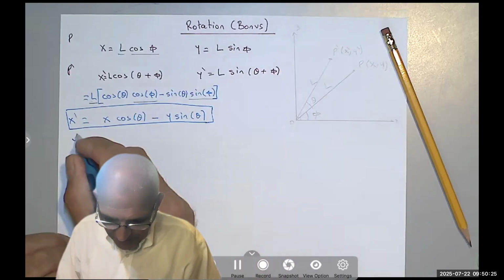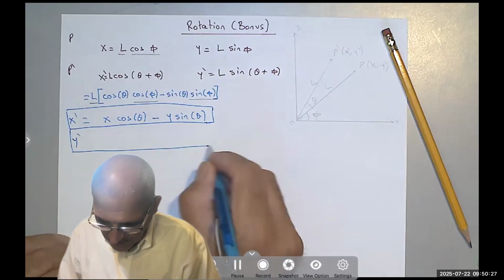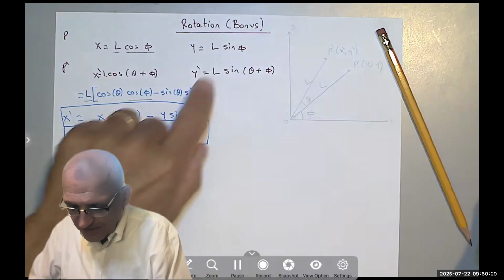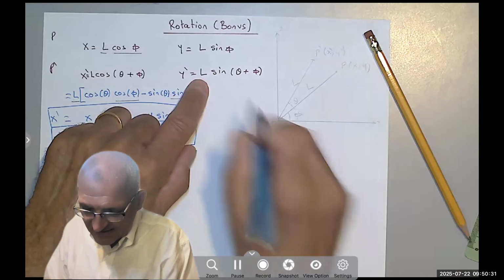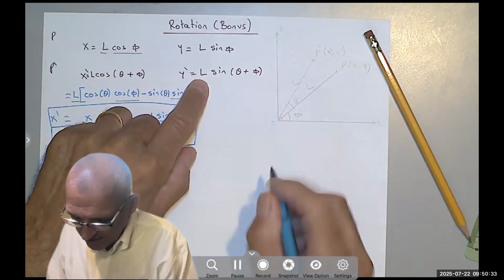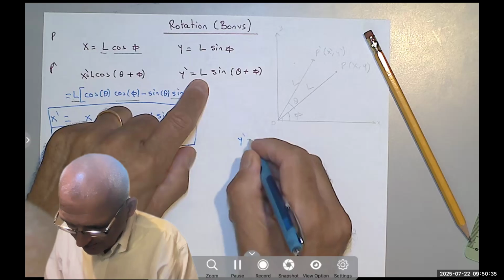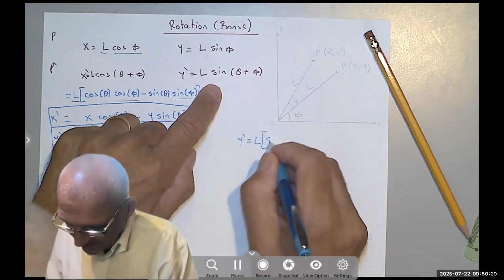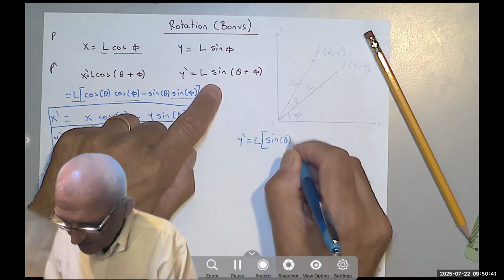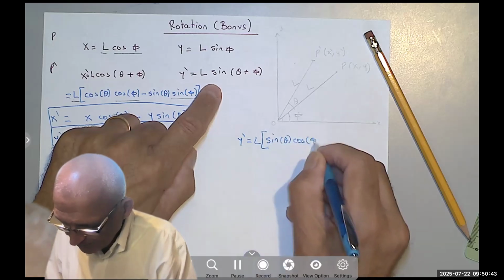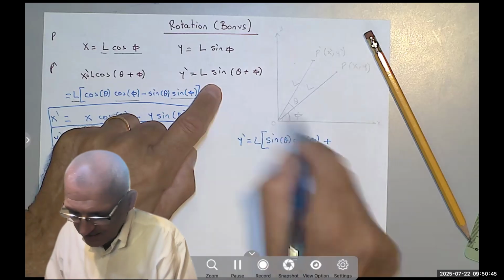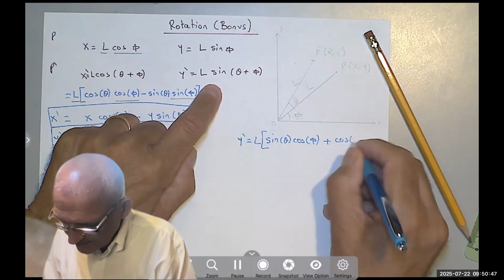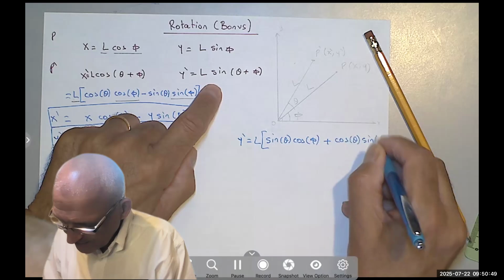Let's look at y prime. I know that y prime is L sine theta plus phi. So I'm going to say y prime equals L times, and then I'm going to expand that. Sine theta cosine phi plus, not minus, cosine theta sine phi.